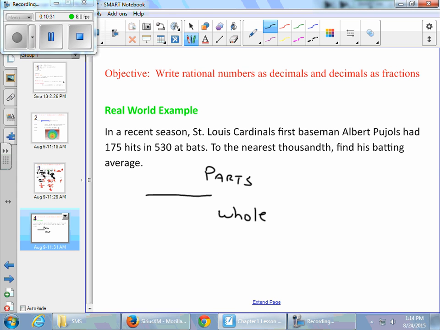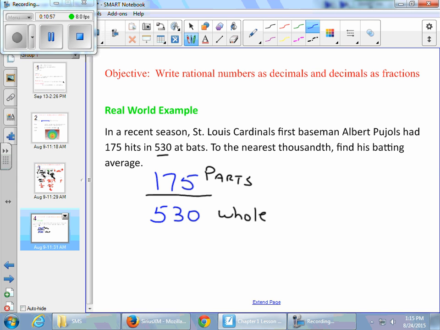And when doing this, the whole is the total, or he had 530, so 530 will go on the bottom. Parts is he had 175 hits. So 175 over 530. And what we're going to do is you divide that, 175 divided by 530.